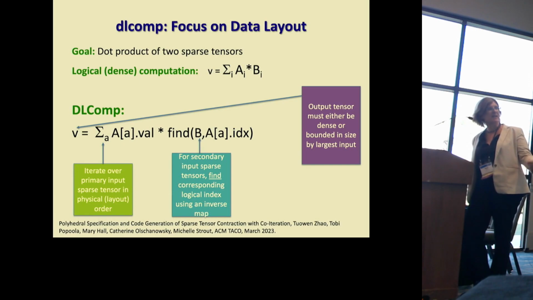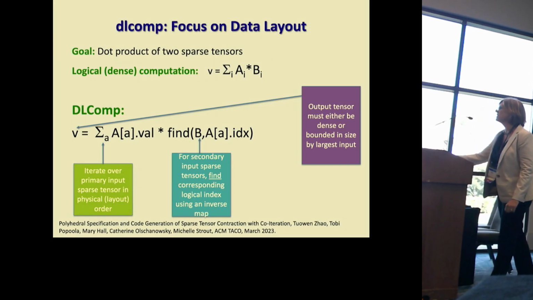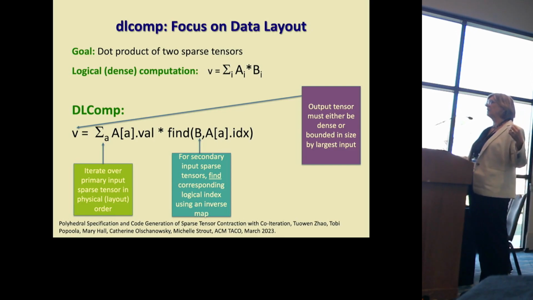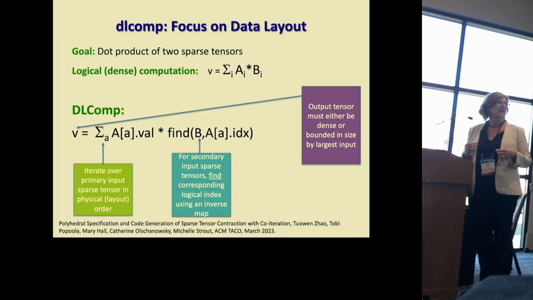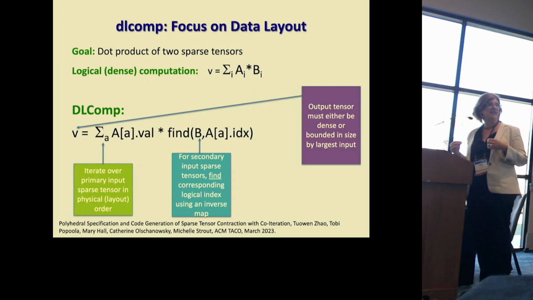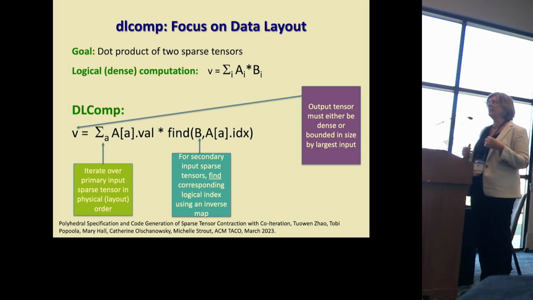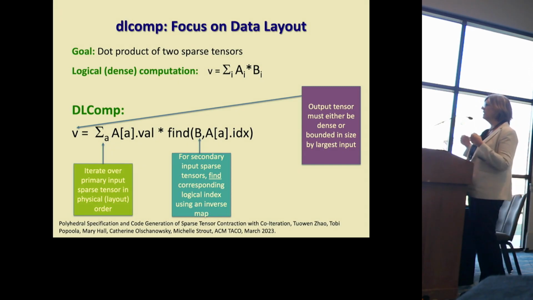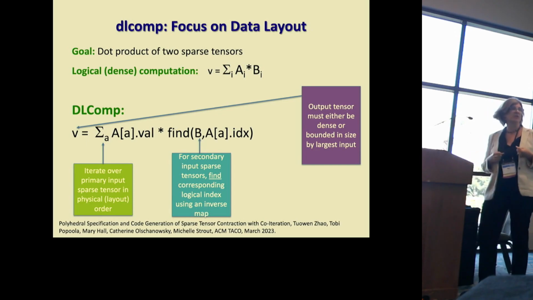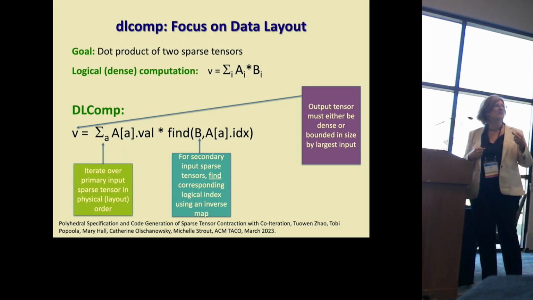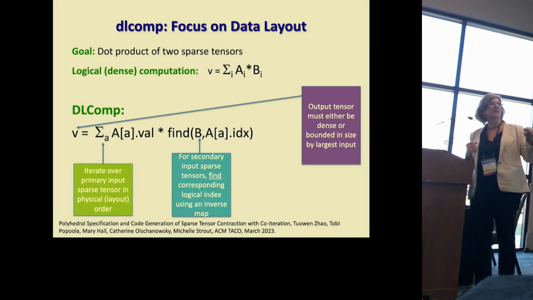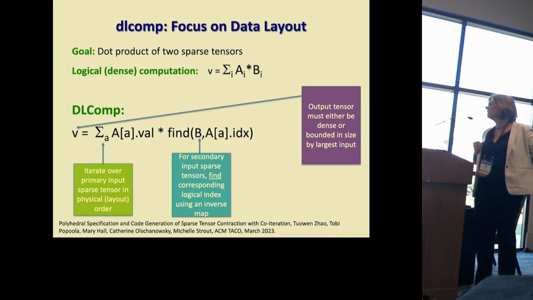And then for any secondary input sparse tensor, it's going to do a find operation. It's going to look up the corresponding element, and it's going to look up that index using an inverse map that takes you from the index to the physical location in memory. Okay, and then in this compiler, the output tensor is restricted to either be dense or you can infer its size from the input tensors.